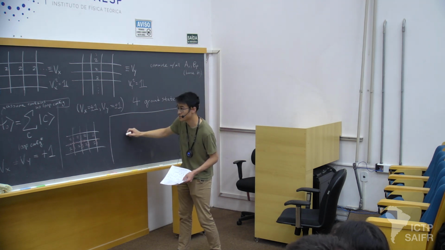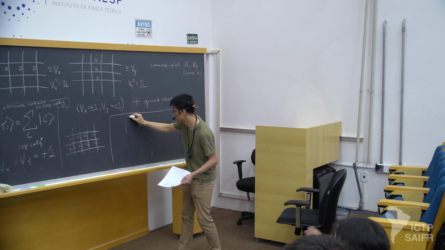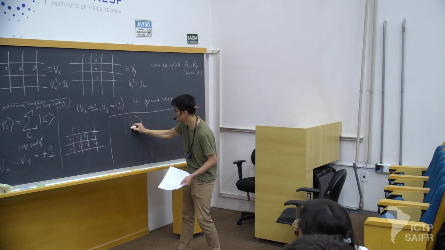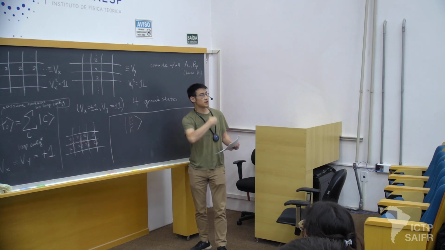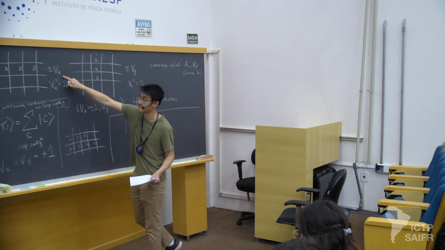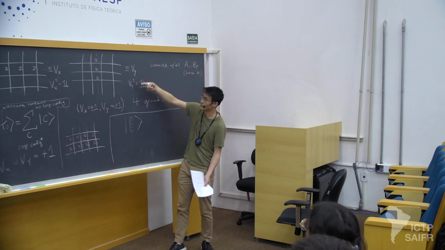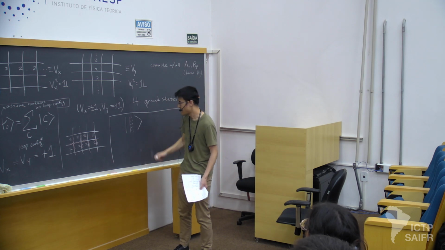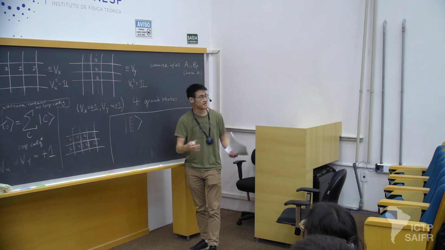If I start with a reference configuration that has a column of -1s, so this is one loop of -1s going around this direction, then you'll see that now Vx takes value -1. Because when I cut like this, I'll pick up a -1, but then this one is still +1. So this is the reference configuration, and now I can hit it with BPs to generate the sum over all loops.